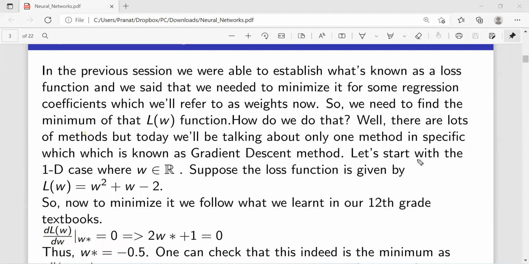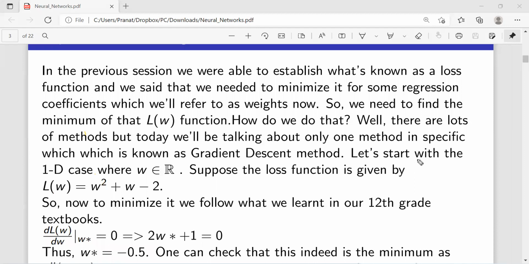Okay, so that's just a change of terminology. There are lots of ways to minimize our loss function, but the one we'll be talking about in detail is the gradient descent method. And we'll talk about what gradient is, and I'll give you the necessary information on it.